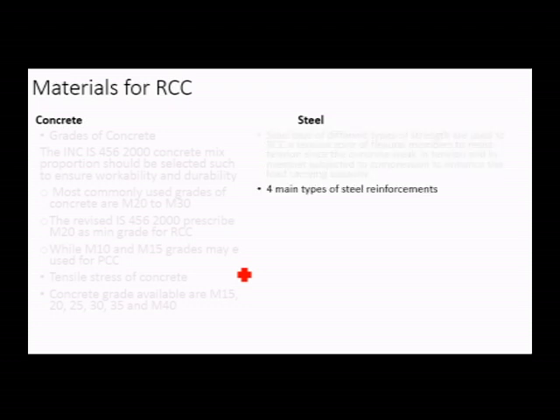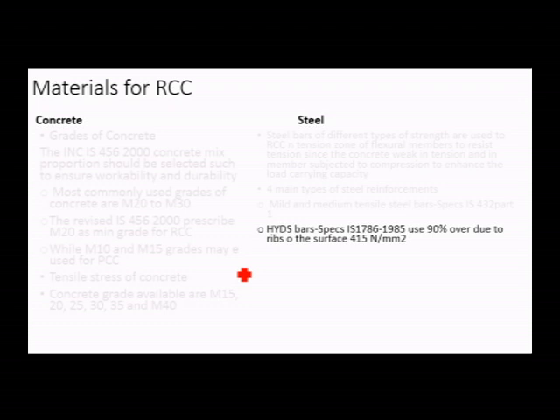Four main types of steel reinforcement are generally practiced. One is mild steel and medium tensile steel bar, as per specification IS 432 Part 1, and HYSD bars, high yield strength deformed bars, for which the specification is IS 1786 1985.